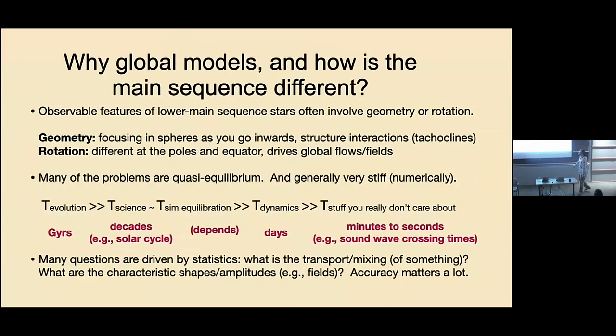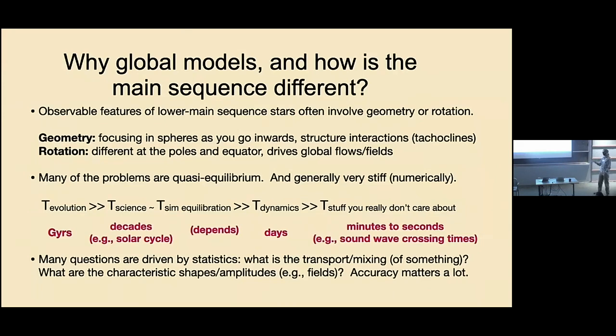Okay, so why global models, and how is the main sequence different in some sort of way? For global models, a lot of the observables that we're interested in and a lot of the questions we ask about stars have to do with geometry or interactions with structure. For geometry, we often care about things like, what's the large-scale dipole field of a star for magnetic braking?